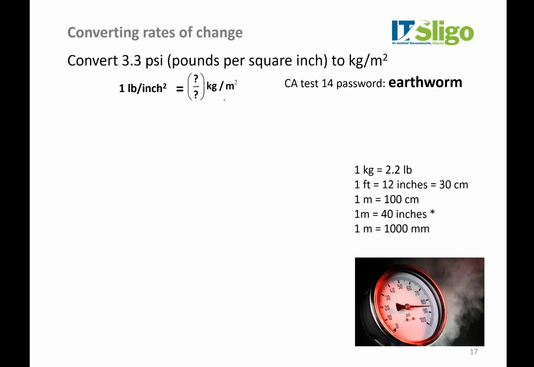So our main problem, guys, again, we have to set this up. One conversion factor on the top, pounds into kilograms, and another conversion factor on the bottom, inch squared into meter squared. Well, the first thing we need to do there, guys, is go, well, what's 1 inch in terms of meters? And then we can start to figure things out from there.